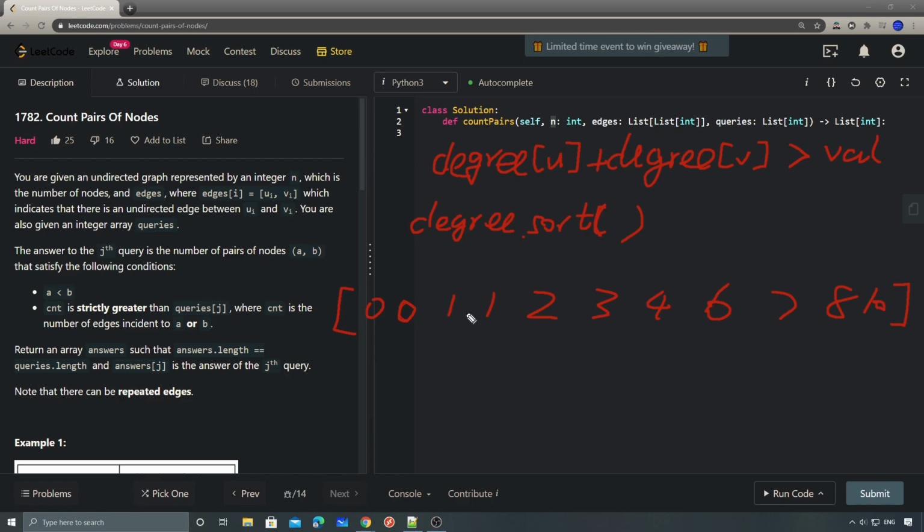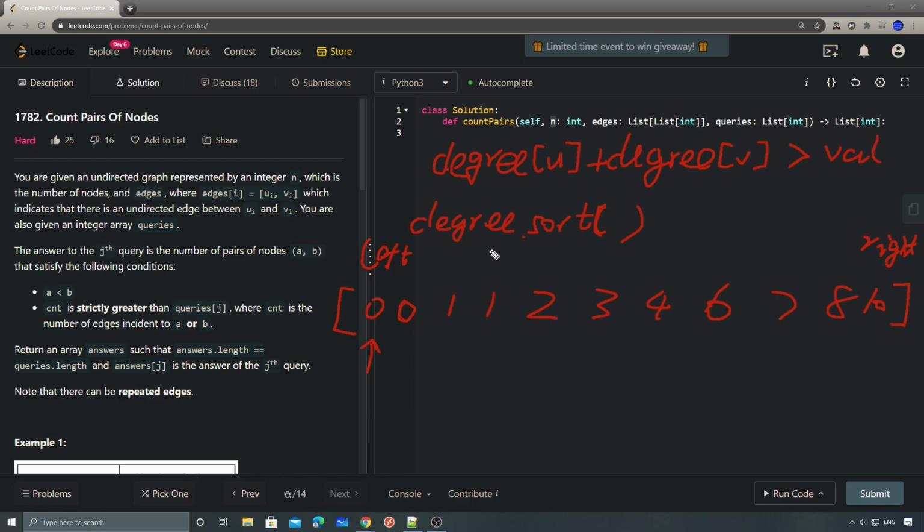So what we can do here is that this represents the degree for each of the nodes, and we can use a 2-pointer technique. So let's say the left will be pointing to here at the beginning, and then the right will be pointing to here. For each u, let's assume we iterate u first, starting from here.